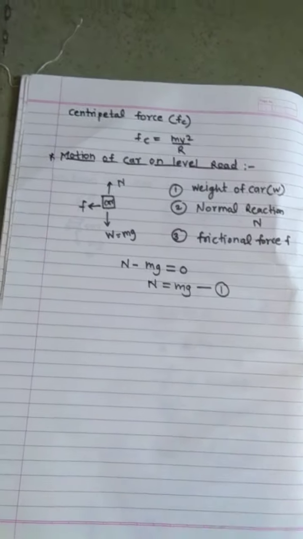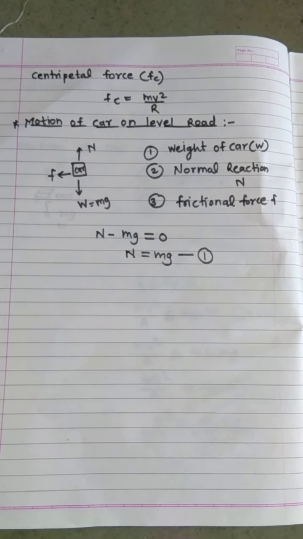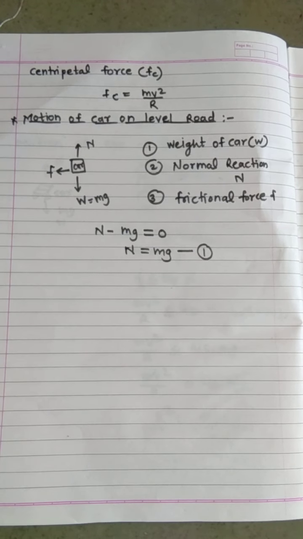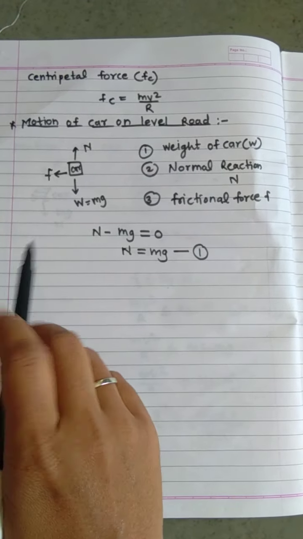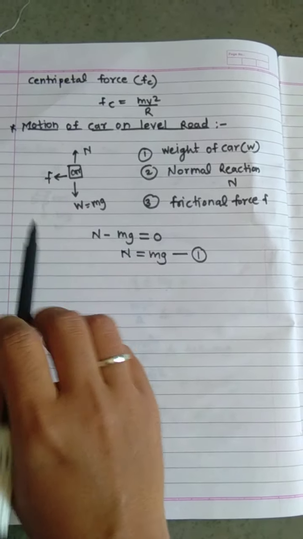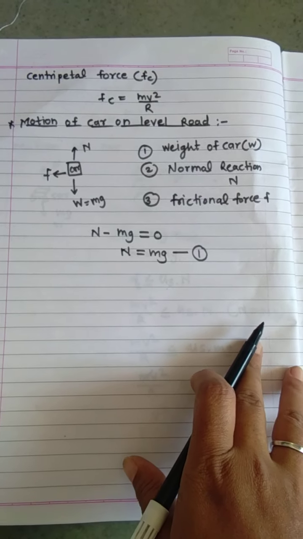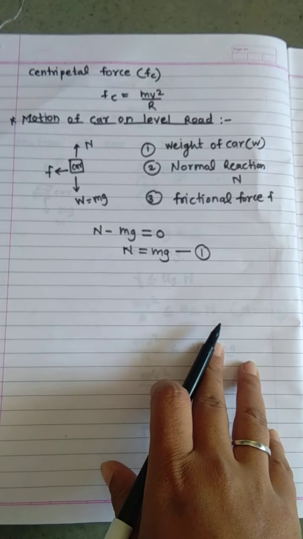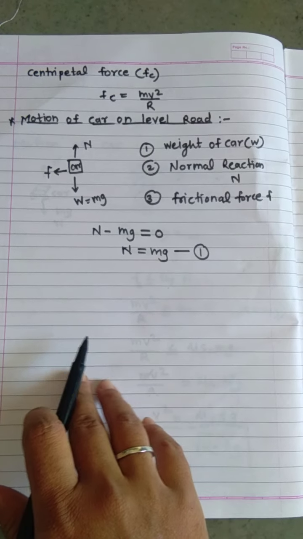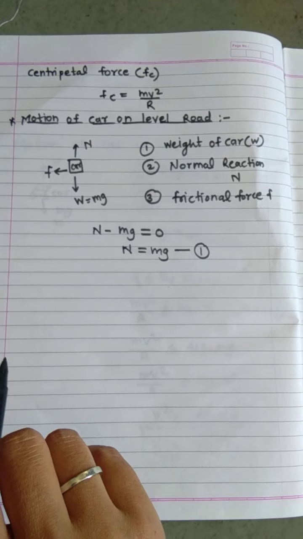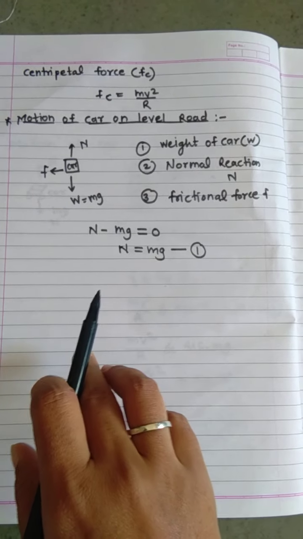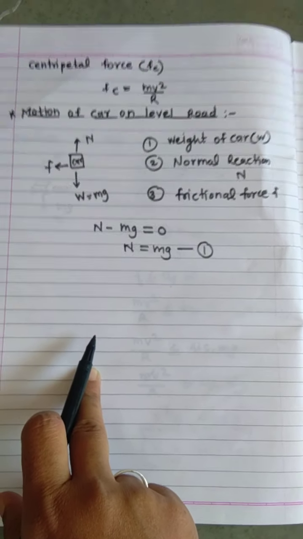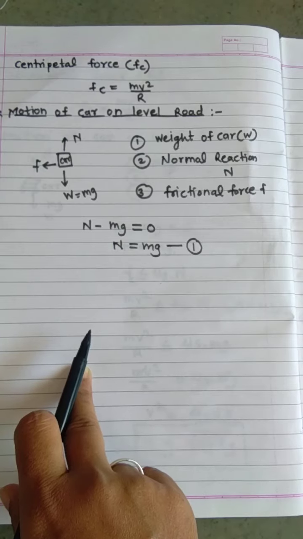Now you know that we have discussed already about the centripetal force. Here the centripetal force required for circular motion is along the surface of the road, and it is provided by the component of contact force between the road and the car tires along the surface. As we have discussed already about static friction, mu s stands for the coefficient of static friction.